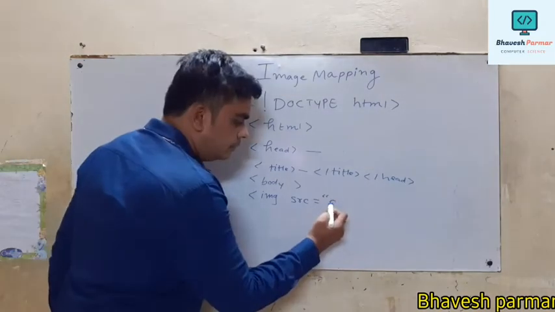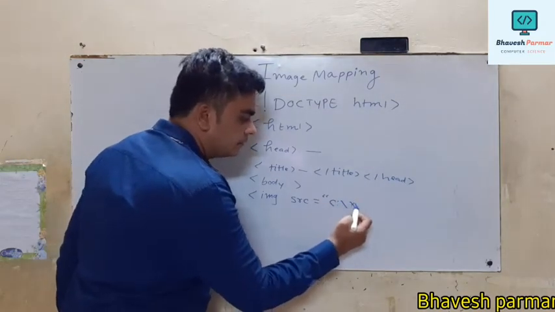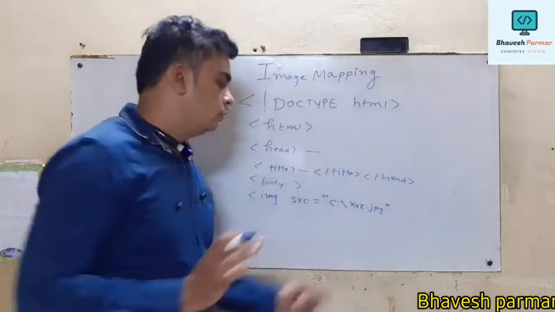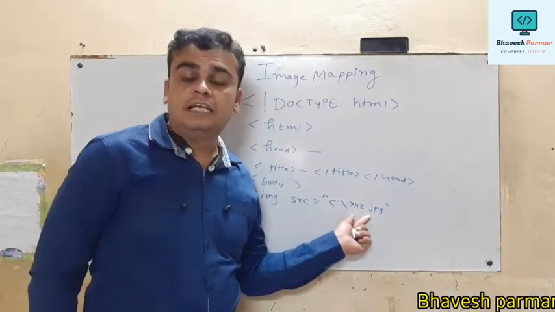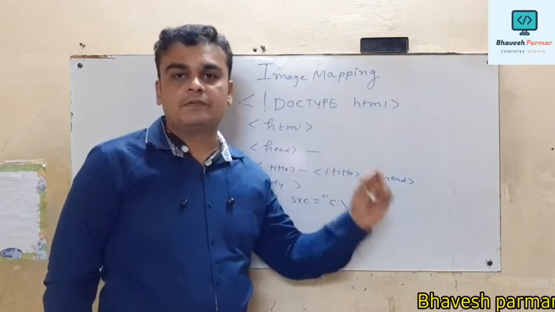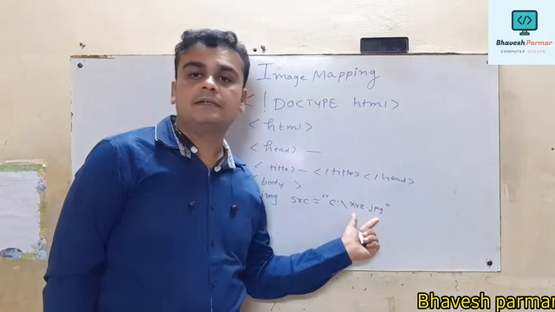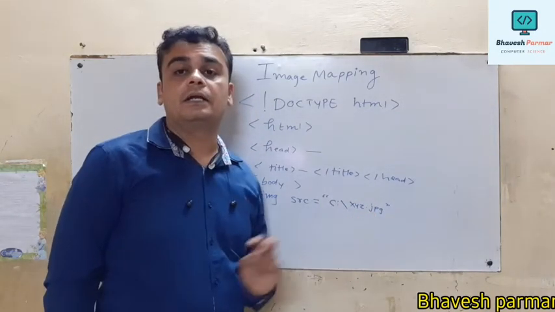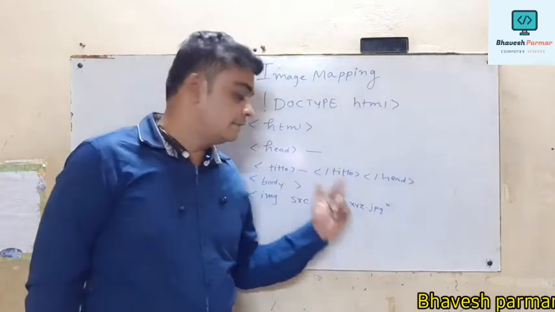Here I am going to write c:/xyz.jpg. Note that guys, the name should be properly given, and whatever name was used to save that file should be present over here, otherwise your image mapping practical doesn't work. So guys, be careful.